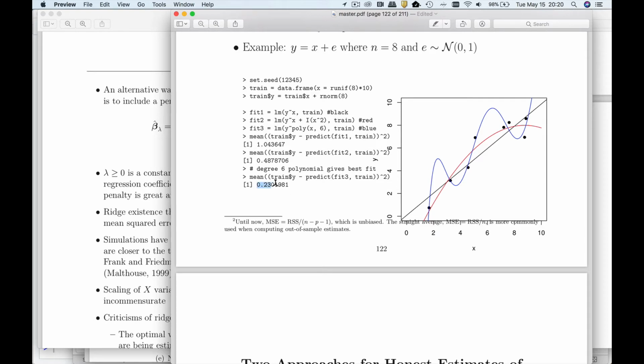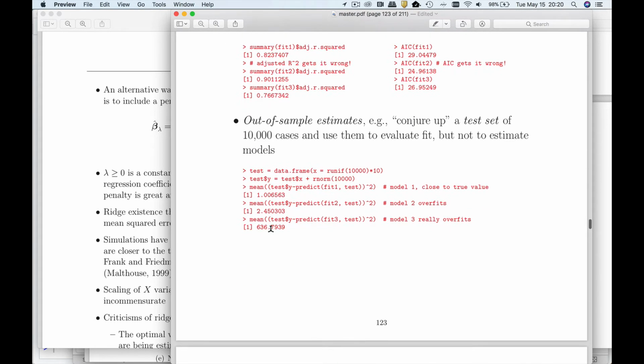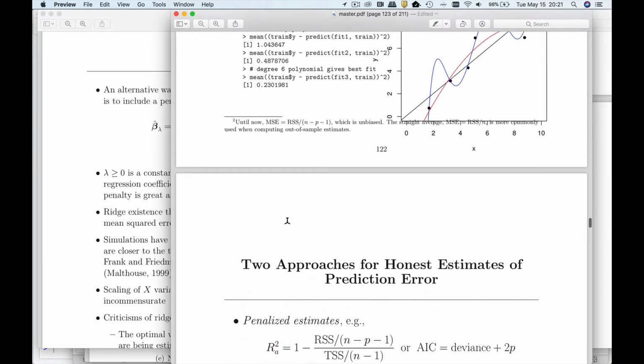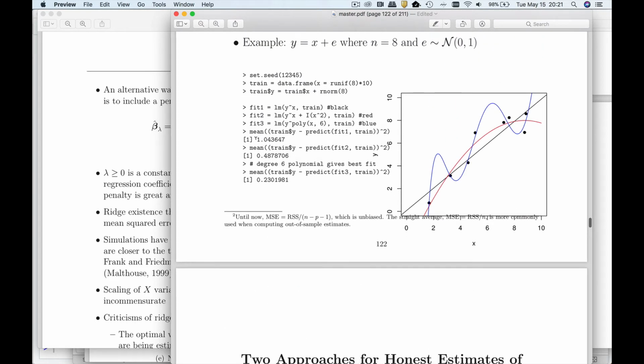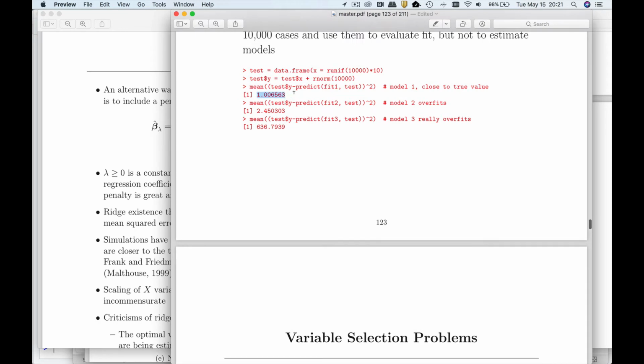So it looks like it does really well. This was the mean squared error. But when we went off and tried a test set of 10,000 cases from the same model, the MSE was a disaster. Compare that with linear regression, where linear fit, you get an MSE of around 1, and that holds up pretty well when you have that big test set.